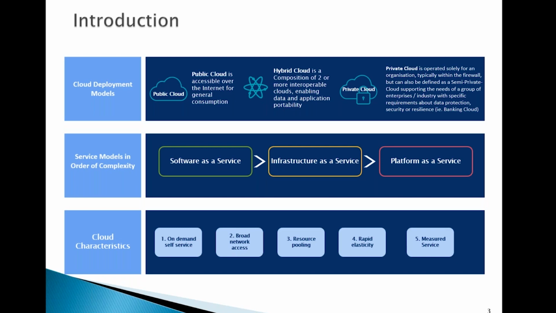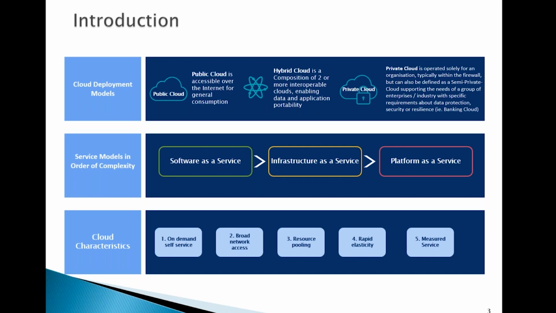There is a sense of location independence, and the client generally doesn't know where that data is hosted, or the exact location of, say, the data center or the hosting location of the cloud provider. Examples of these computing resources include storage, processing power, memory, network bandwidth, and also virtual machines.